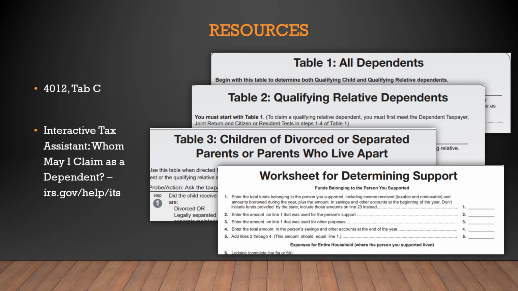In this case, this is support of the person, not support of the household. So it's a different worksheet than we had last time when we were discussing filing status. And then there's the Interactive Tax Assistant on irs.gov: Whom may I claim as a dependent? Again, it will run you through some questions, and based on the answers to those questions, it will say whether or not this person can be claimed as a dependent and what type of dependent they can be claimed as.